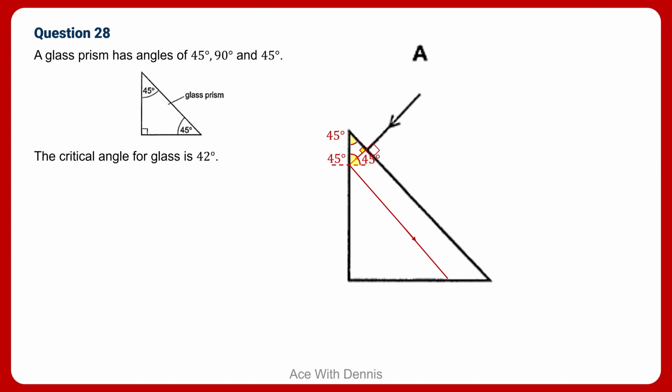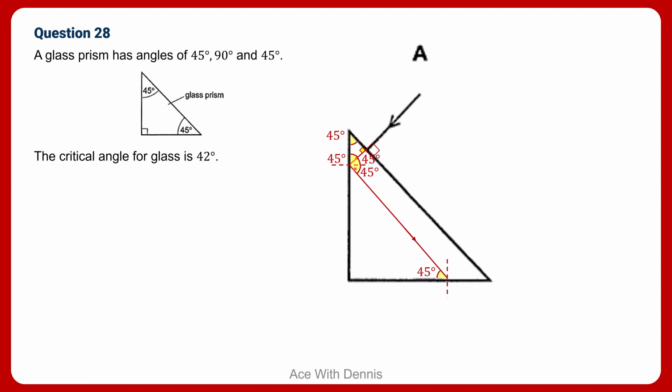Once it hits another boundary here, first this is 45 degrees and then we can draw the normal here. So this is also 45 degrees, because this is what we call the alternate angle, so this line is parallel to this line.